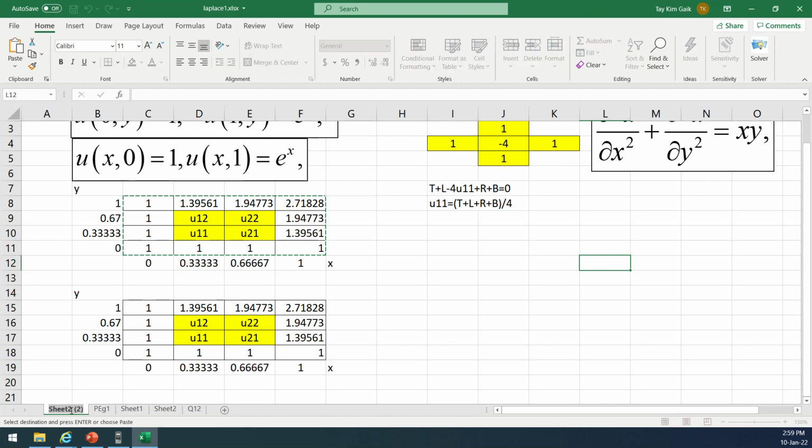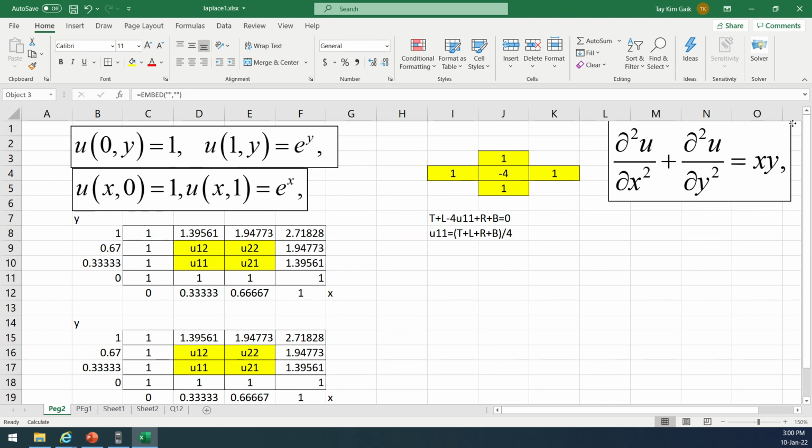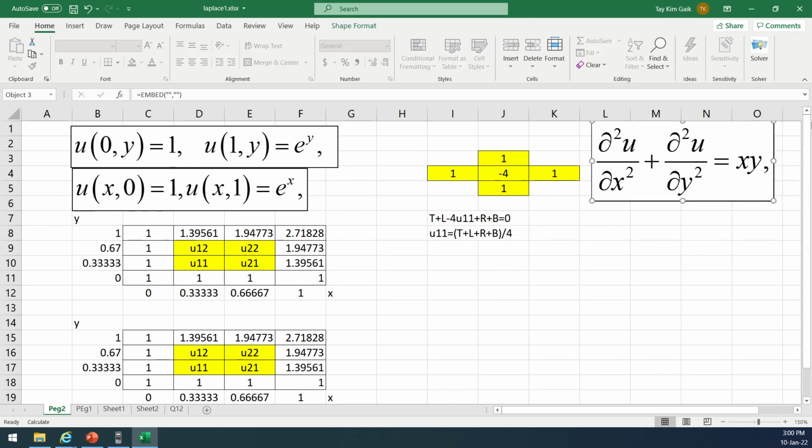Okay, this is Poisson example 2. We want to solve u11, u21, u12, u22. We have the right hand side.